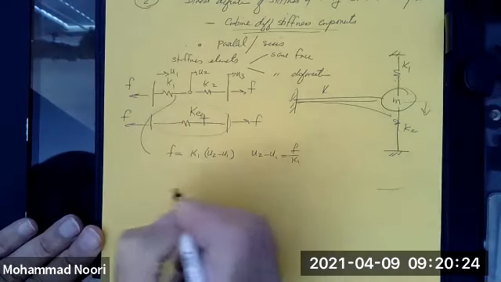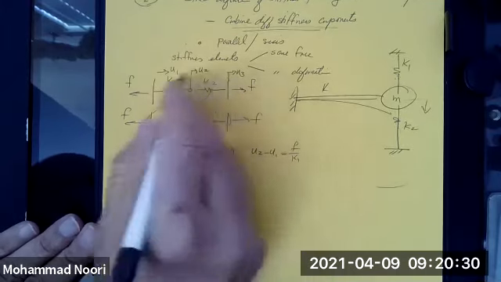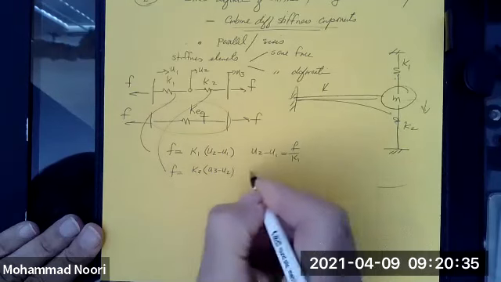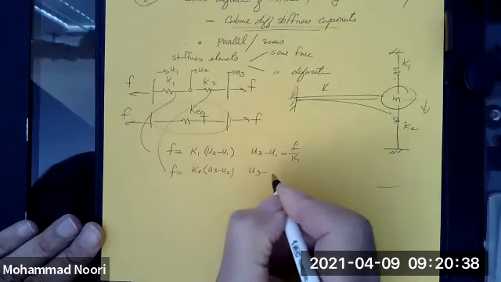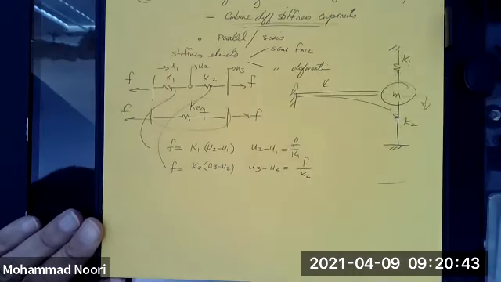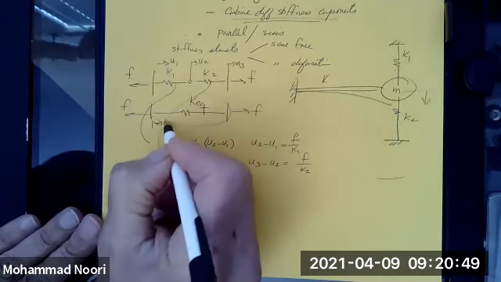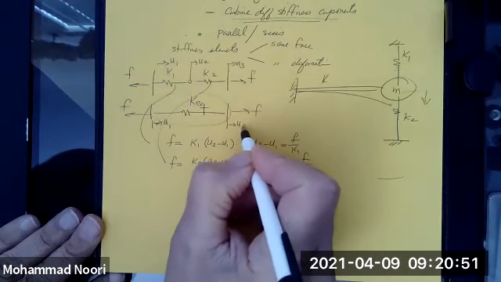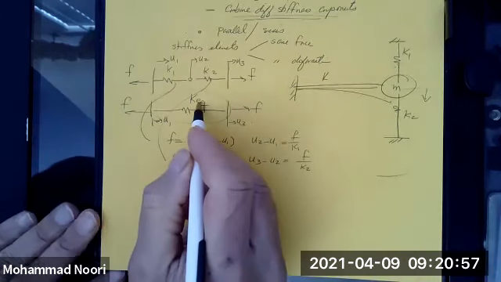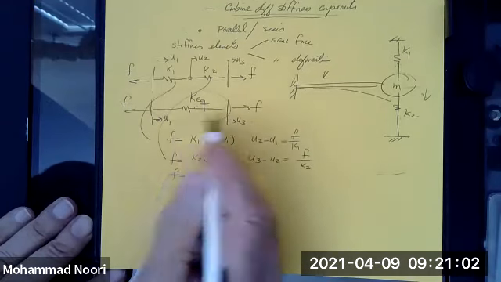The displacement that this spring will experience would be F over K1. For this one, the force is the same, but the displacement is different. So if you replace these two with a single spring, which would experience this displacement, what is the relationship between this equivalent stiffness and the force?